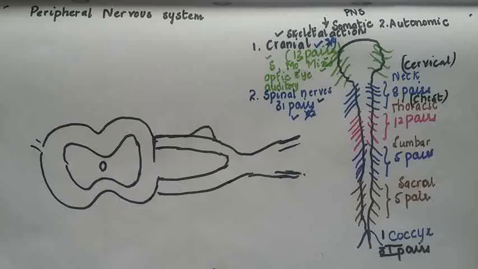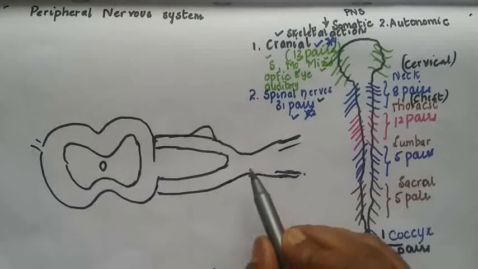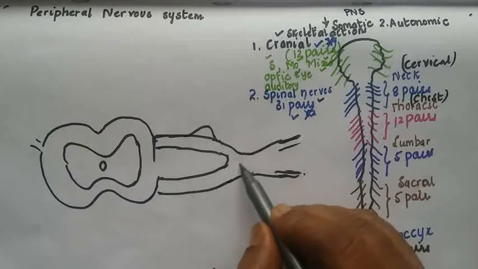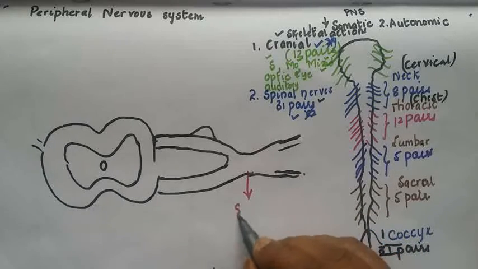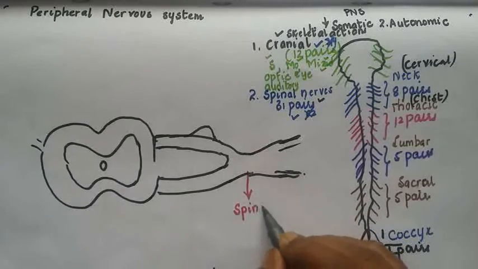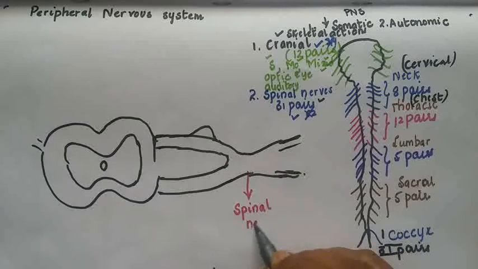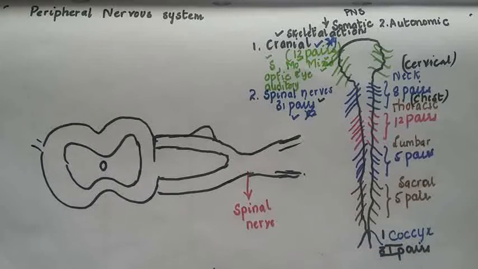Now children, the spinal nerve, I can say that this is the spinal nerve, right? And I said that every spinal nerve is a mixed nerve. Okay, so why do we call it a mixed nerve? Because it contains both sensory and motor nerve fibers, right?